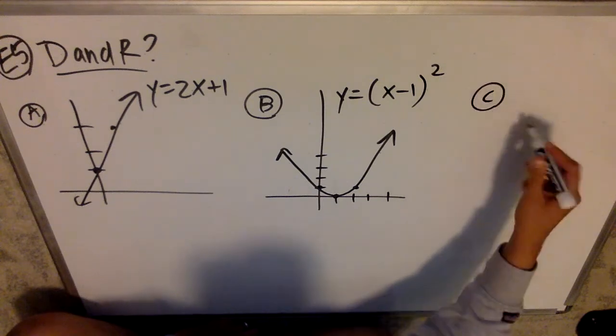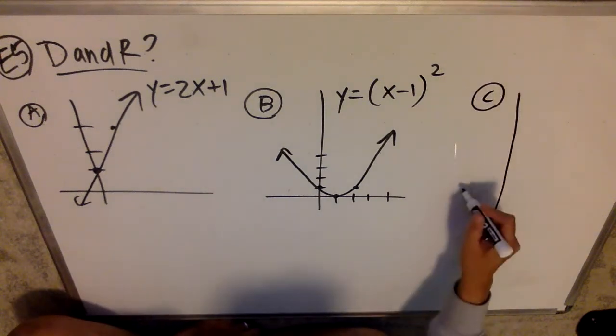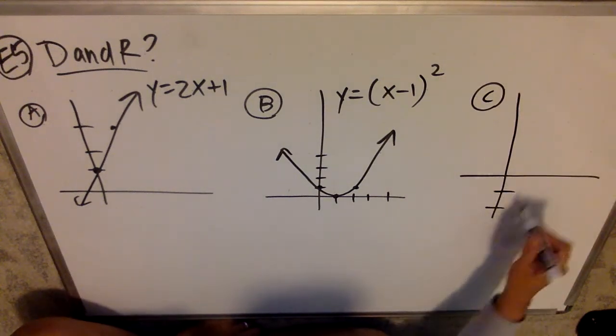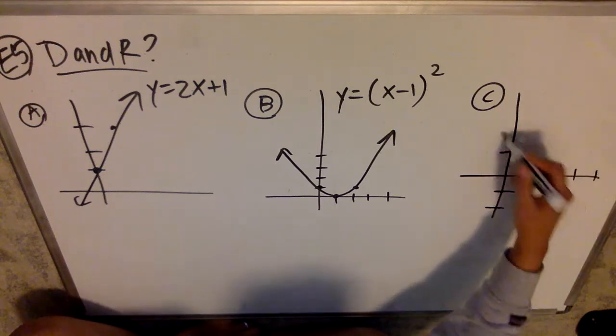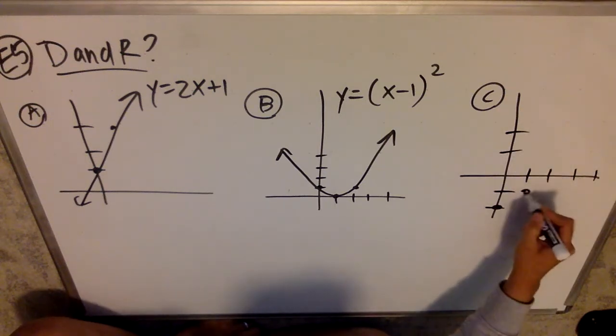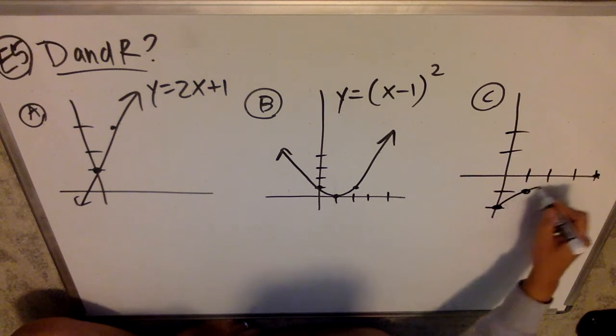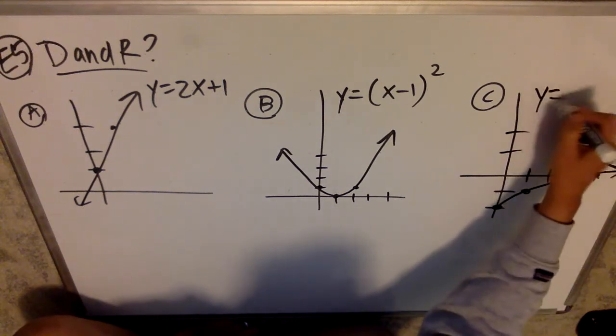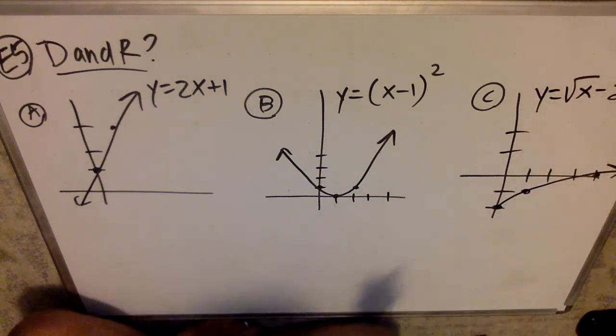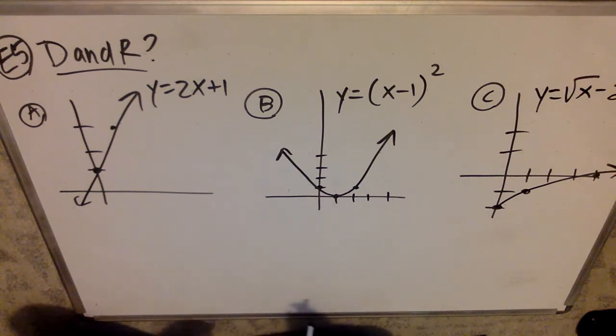For C, this is y equals the square root of x minus 2. Okay, so we're going to find the domain and range of each, okay?